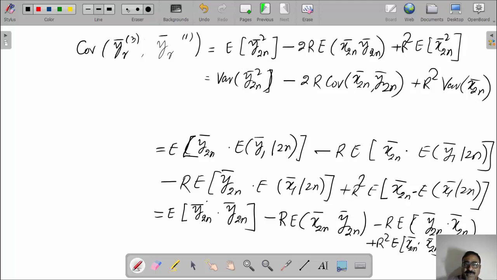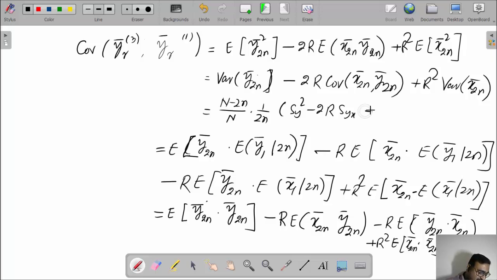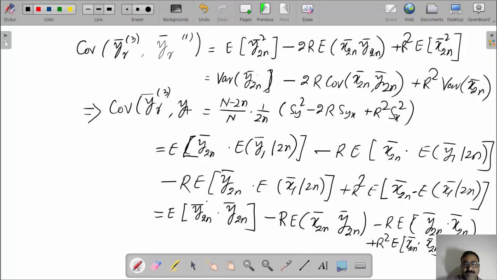This is equal to (n minus 2n) by n into 1 by 2n, sy square minus 2r syx plus r square sx square. Now this is the covariance of yr bar 3 and yr bar 1.